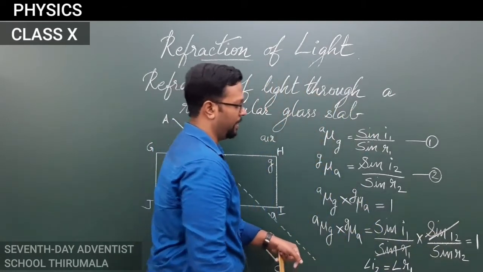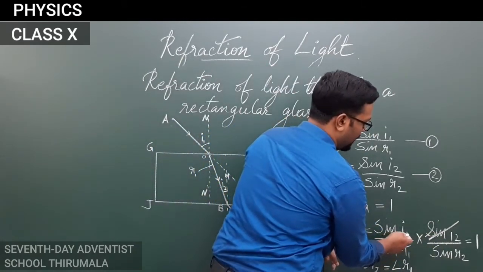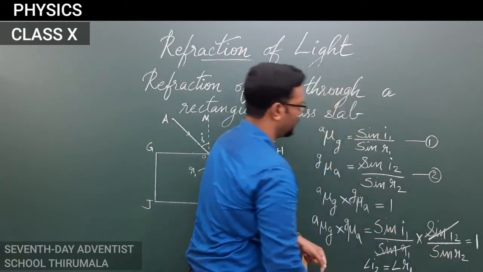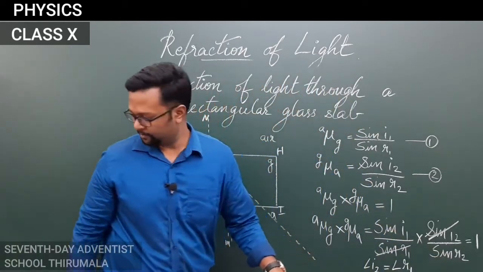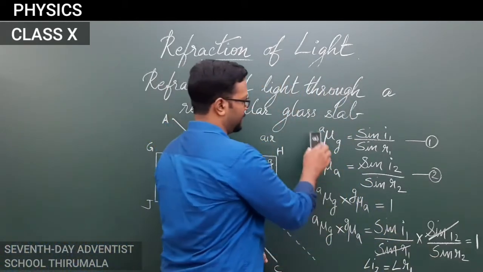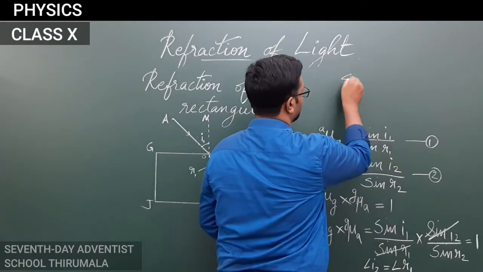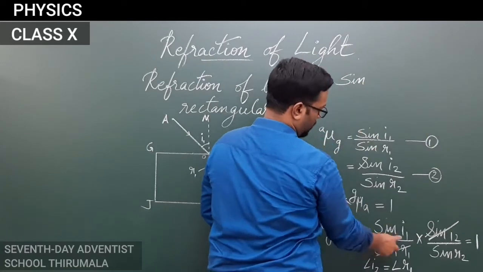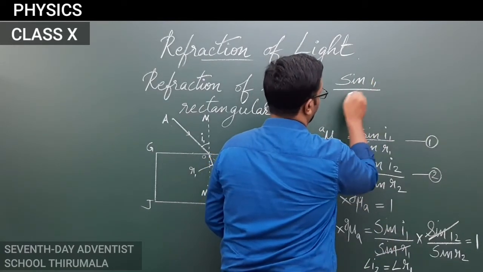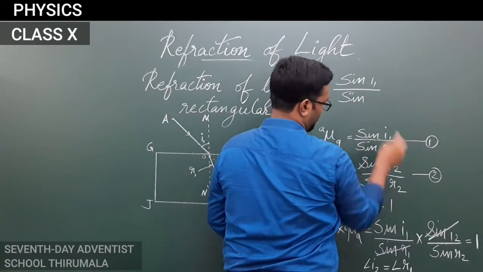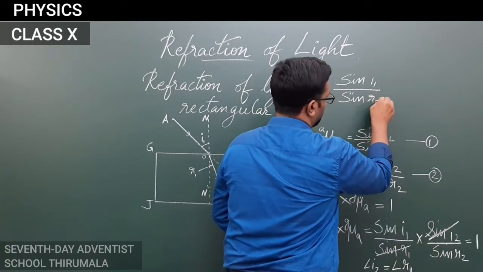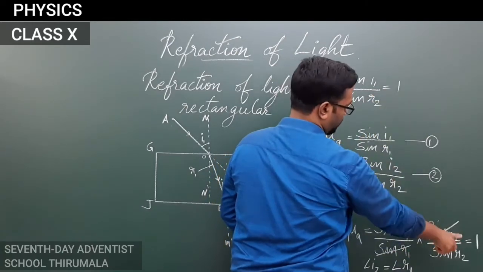What remains is sin I1 divided by sin R2, which I will write here. Sin I1 divided by sin R2 is equal to 1.